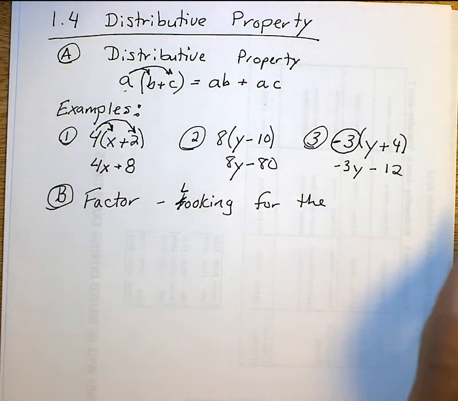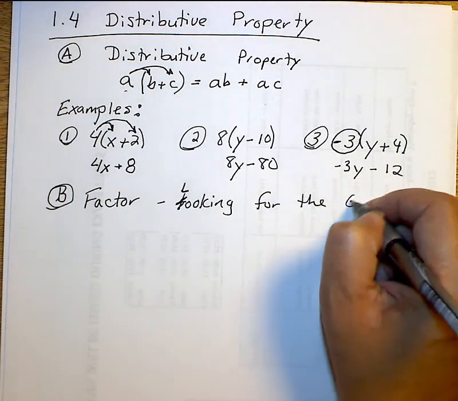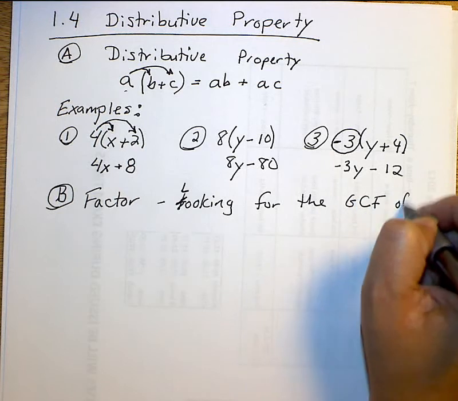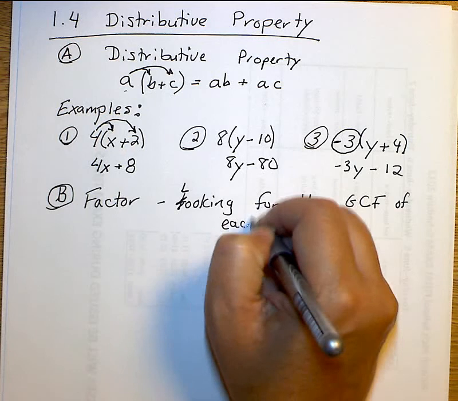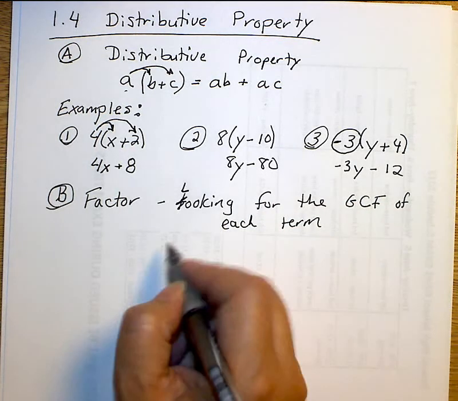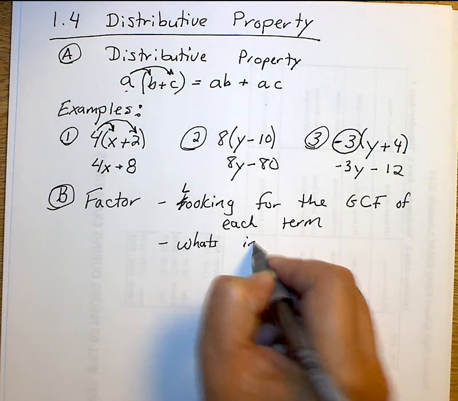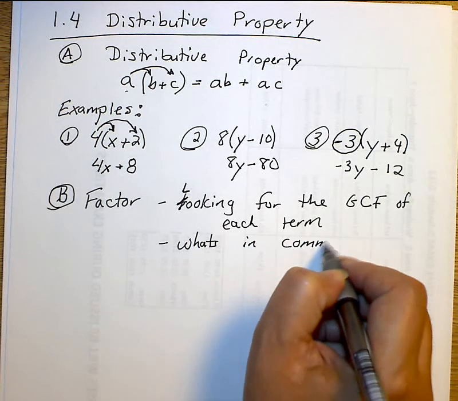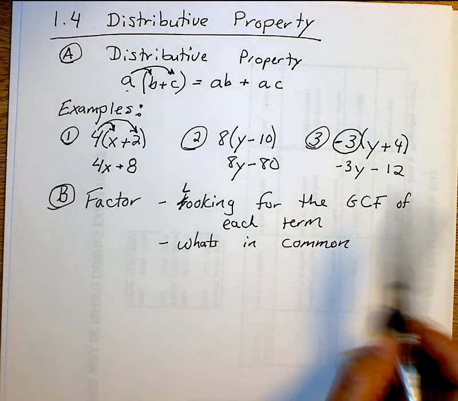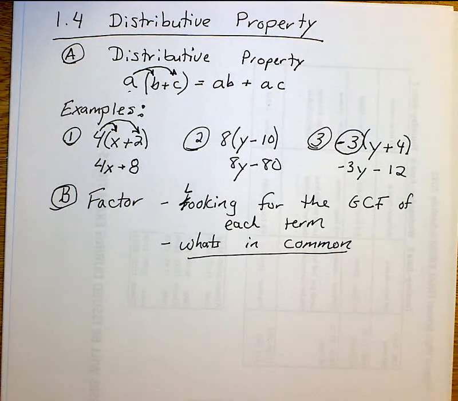But so you're looking for the GCF, the greatest common factor of each term. Right? So what's in common? So, yep, GCF, greatest common factor, basically, what's in common with each term?